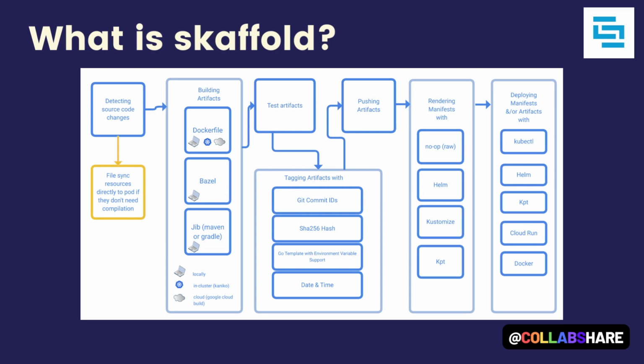And it can also build and package application artifacts such as Docker images. And after that, it can also push application artifacts to a container registry. And finally, it can deploy application artifacts to a Kubernetes cluster.